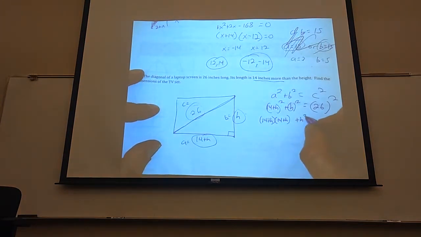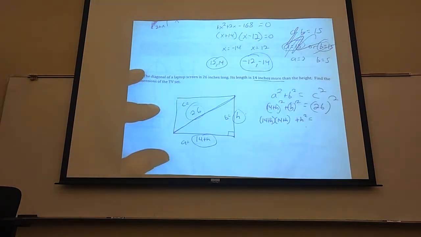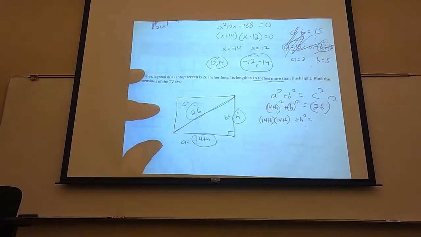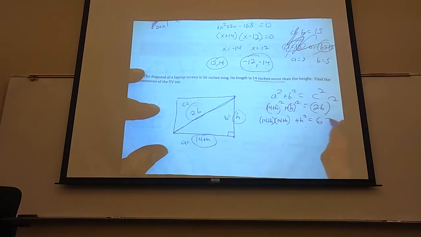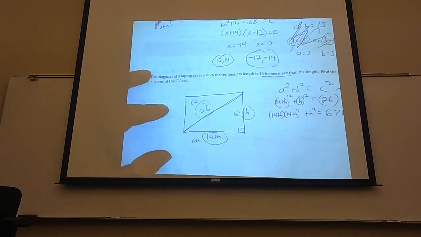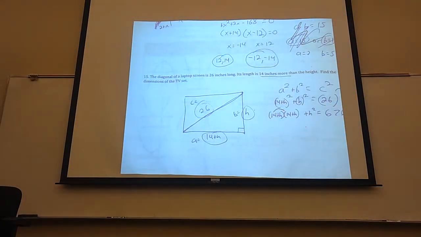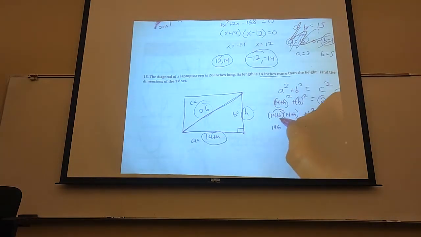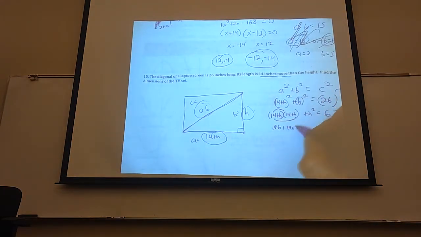I'll do this other stuff. I'll carry it on the h squared, and 26 squared is just awful. 14 squared is 196. Outer terms are 14h. Oops.